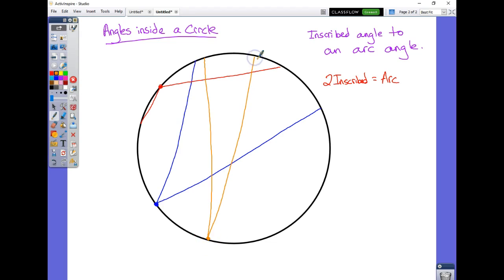Not very large. And I tell you that this is a 130-degree angle here. And I ask you, what is the arc that's created between these 2 points A and B? This arc would simply be 260.